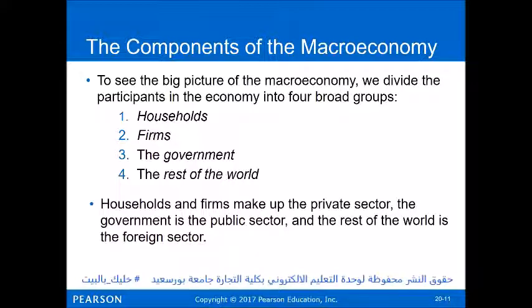The rest of the world makes decisions about imports and exports in the form of both consumer and capital goods. Households and firms make up the private sector. The government represents the public sector. And finally, the rest of the world forms the foreign sector of the economy.